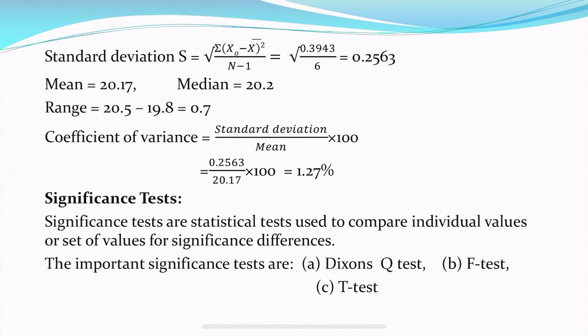The definition of standard deviation is: the standard deviation is the square root of the mean of the squares of the differences between the individual measured value x naught and the mean of the number of measurements. The definition might be a little confusing, but if we write it as a mathematical equation, we will definitely have a clear picture of what exactly standard deviation means.